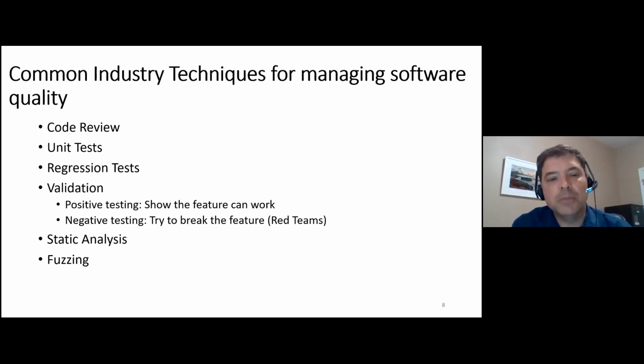And that might clue you in that maybe there's a software issue. Something changed, something broke. There's a lot of work on validation. There's positive testing, trying to show that features actually work the way they say they do. And there's also negative testing of trying to break the feature. So if there's an encryption feature in your operating system, some red team may try to break that and make sure that they're not able to break it. There's static analysis.